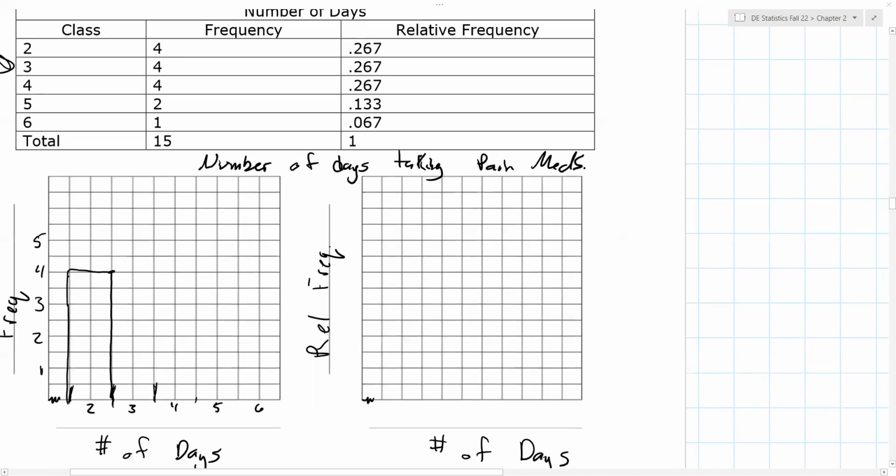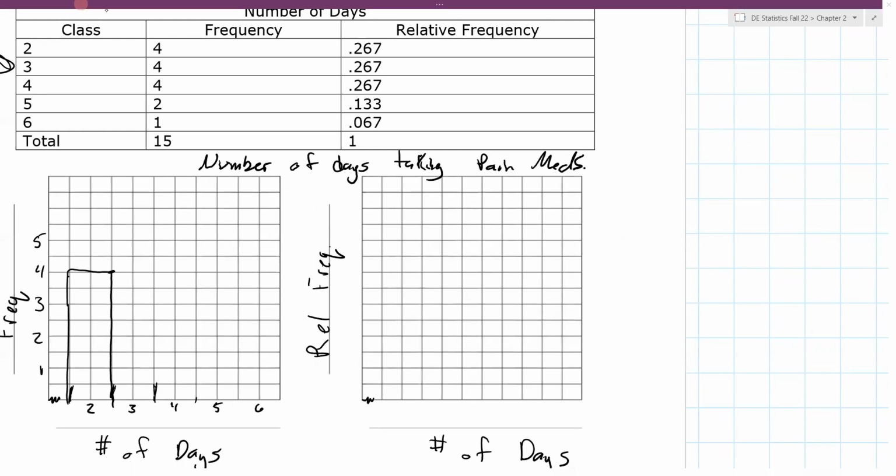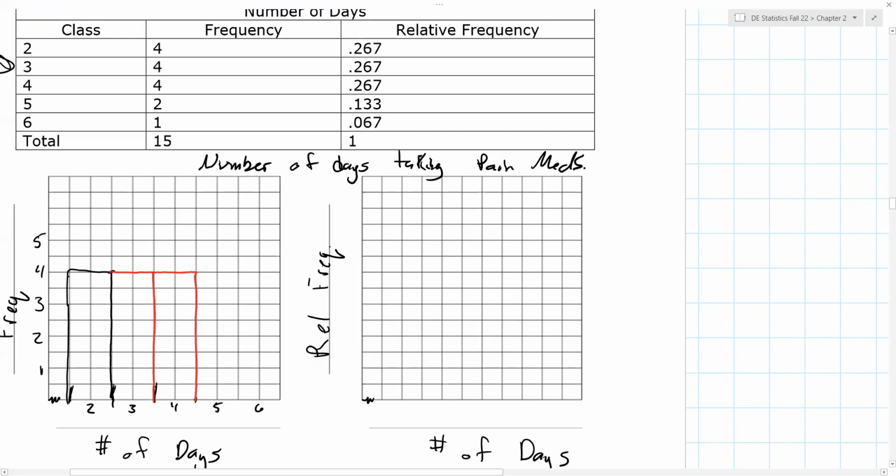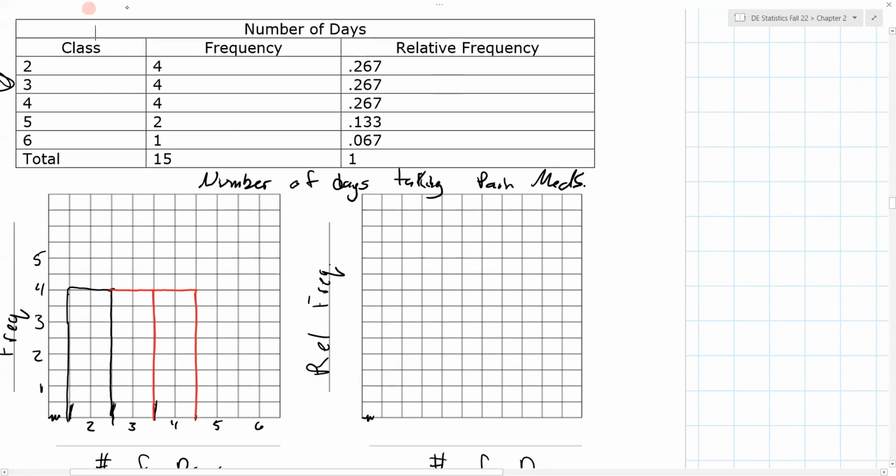That's for 2 days. And if you have colors, you can switch colors between them. Not necessary. That would be 3 days of taking pain medication. That's going to be 4 days. Oh, I meant to switch colors on that.